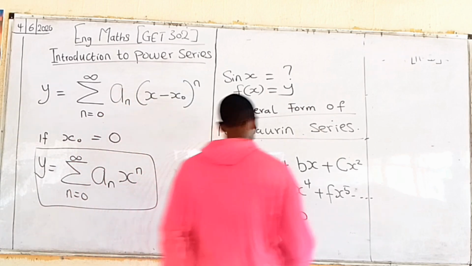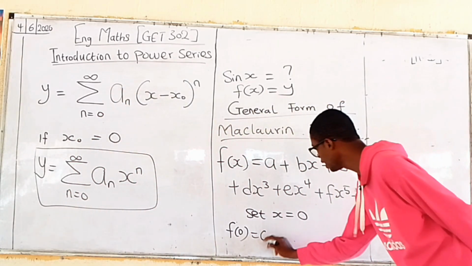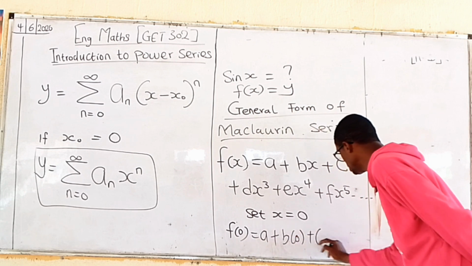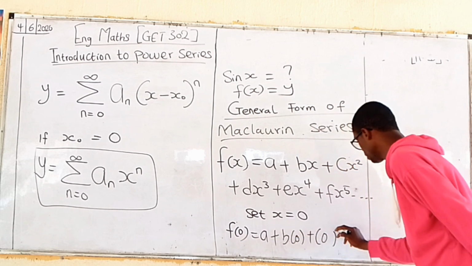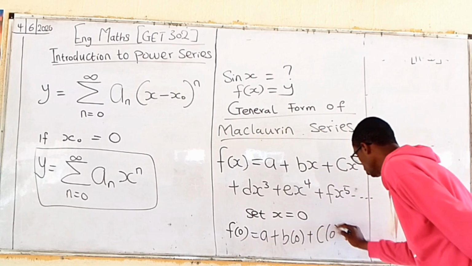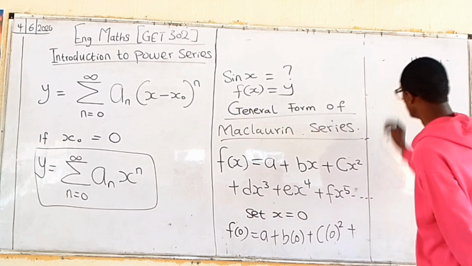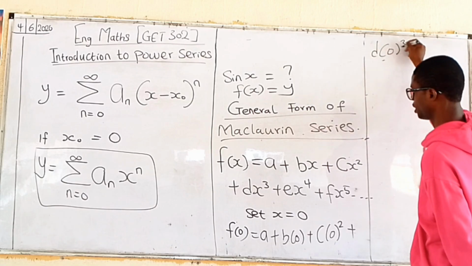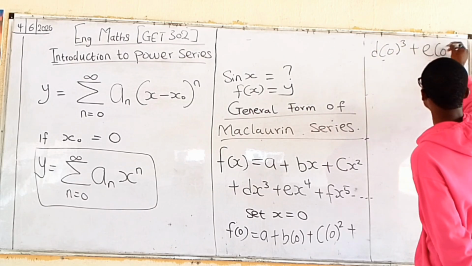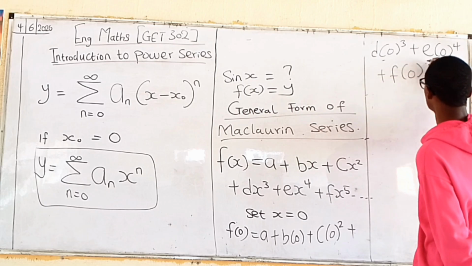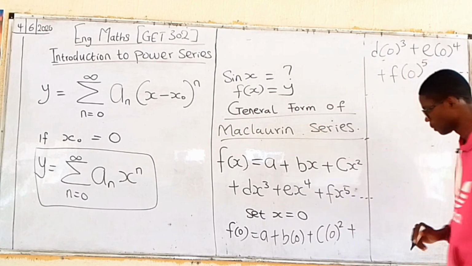If I look for f of 0, what will I have? I'll have a plus b times 0, plus c times 0 to the power 2, plus d times 0 to the power 3, plus e times 0 to the power 4, plus f times 0 to the power of 5, and it keeps going.